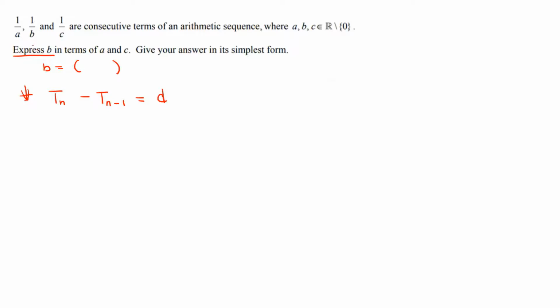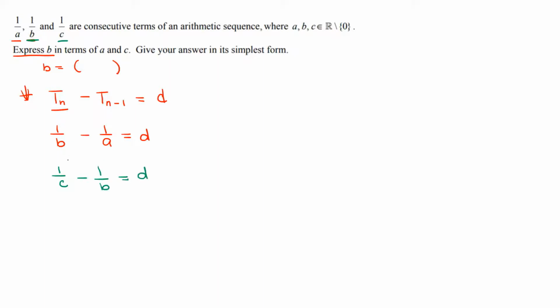So if we pick our first term to be 1 over b and we take away the term before that, 1 over a, that should be equal to d. But who's to stop me from doing it with the third term, 1 over c, take away the term before that, 1 over b, and that must also equal d.